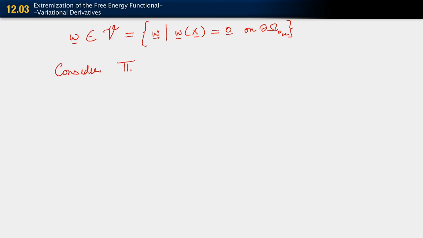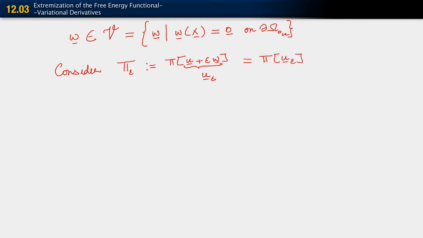I will denote it as pi sub epsilon, which is defined as pi evaluated not with U, but with U plus epsilon W. In fact for brevity I will also use the notation U sub epsilon for that, for the variation added to U. Equivalently, I may say that this is just pi evaluated not with U but with U sub epsilon.